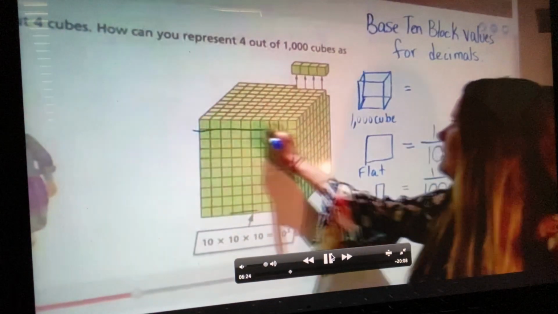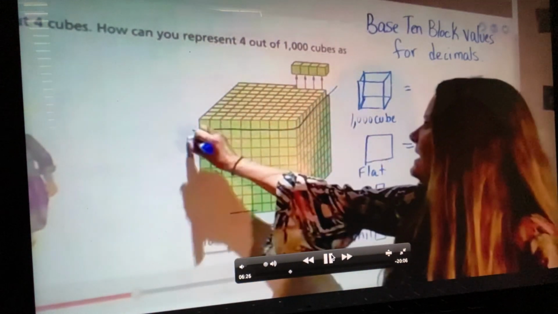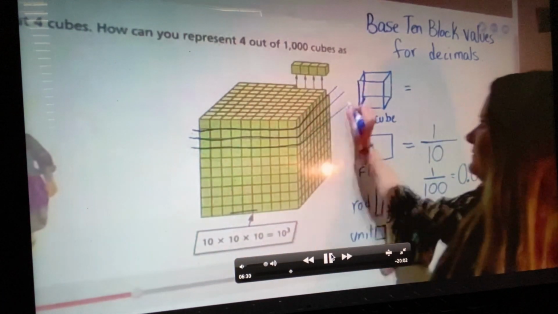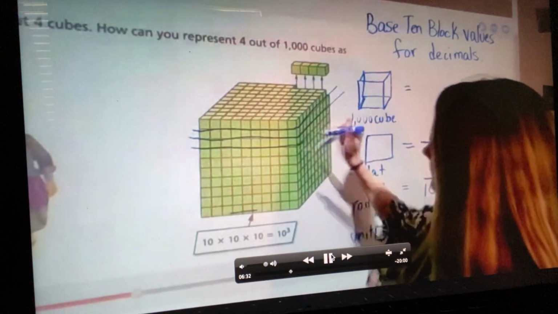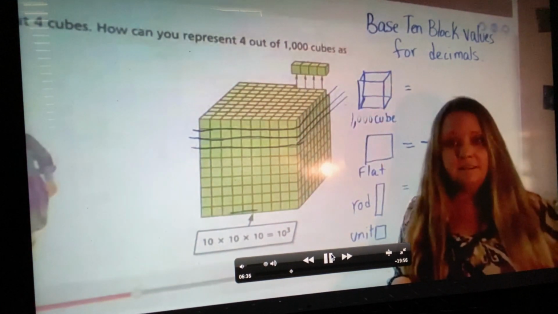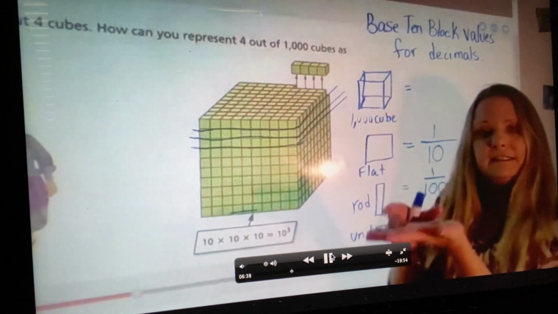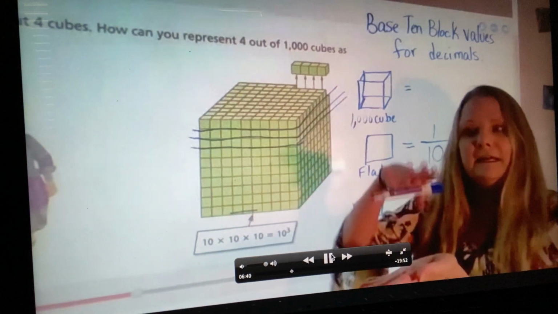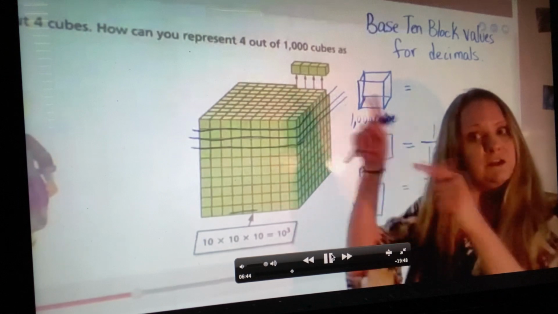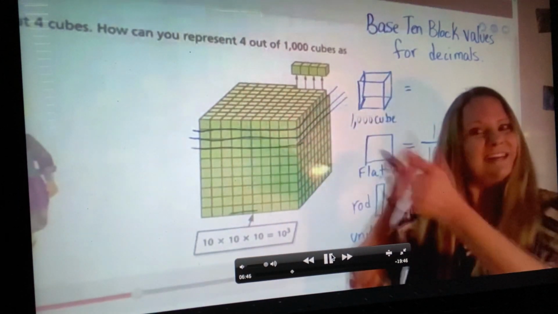If you broke this up, there's 1 flat, 2 flats, 3 flats. Well, my line's a little off there. And so on. So if I got my real base 10 blocks out right now, I could take 10 of those flats and I could stack them up and I would make 1 cube. 3-dimensional though. Kind of like science with volume.